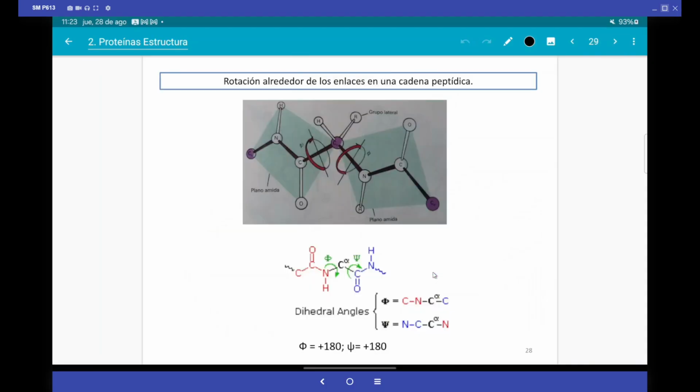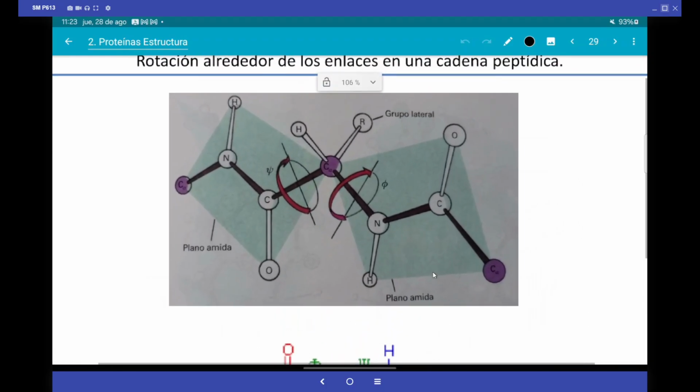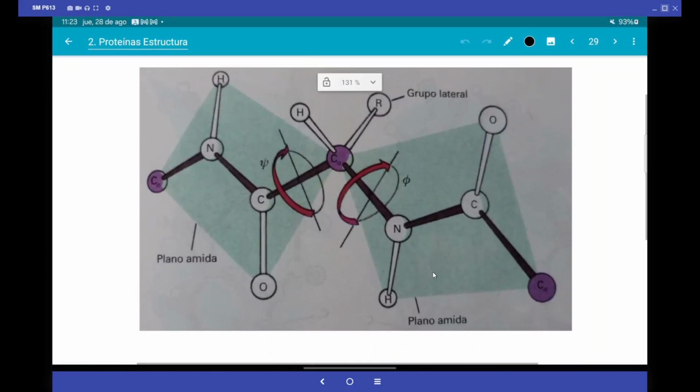Okay, and then we had already seen the phi and psi bonds, the bonds that are the rotation angles towards one peptide plane and towards another peptide plane, and this carbon that is here interconnecting would be a carbon of what type? An alpha carbon, okay.